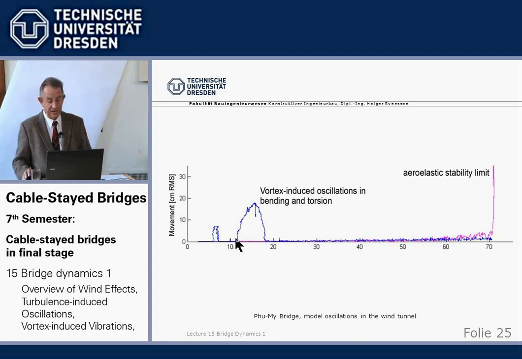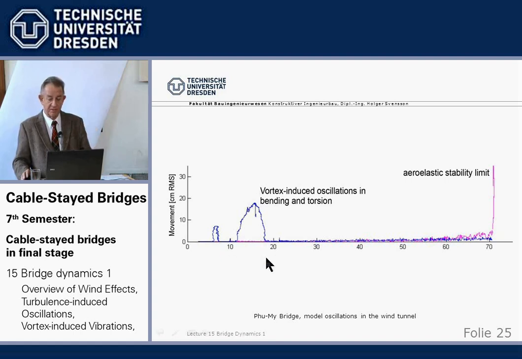And we see here for a rather low wind speed, very typical, in the range of, say, 15, 20 meters per second, which is something like 40, 50 kilometers per hour, we have a rather big vortex shedding, because here the frequency of the vortices coincides with the natural frequency of the beam.